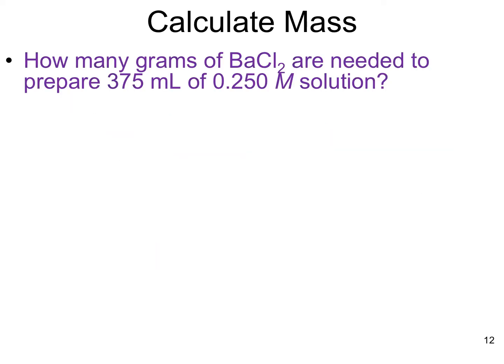In this problem, the mass of barium chloride needs to be calculated to make a 0.250 molar solution, which has a volume of 375 milliliters. Volume is converted to liters by dividing by 1,000 milliliters per liter, yielding 0.375 liters.